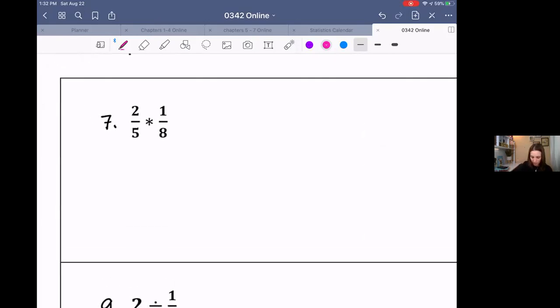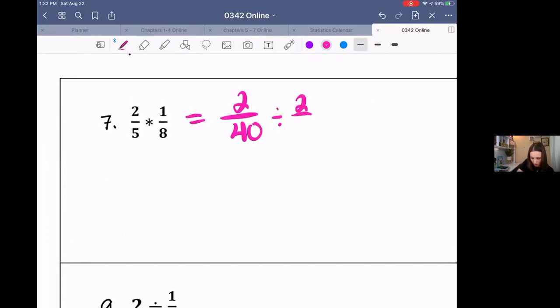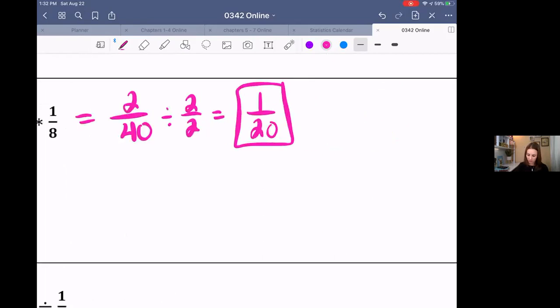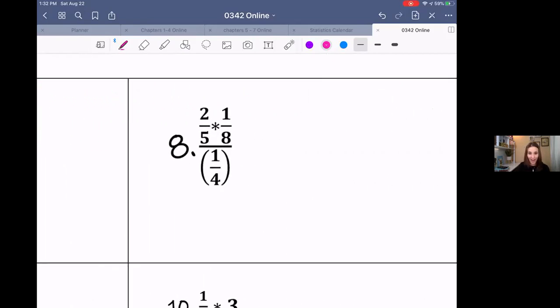Now I'm going to go through them quickly. We multiply straight across, reduce, should get 1/20 on this number 7. Number 8, ooh, that looks like fun. So I'm going to deal with the numerator first. Actually, we already have the answer to that. We did it in the previous problem.